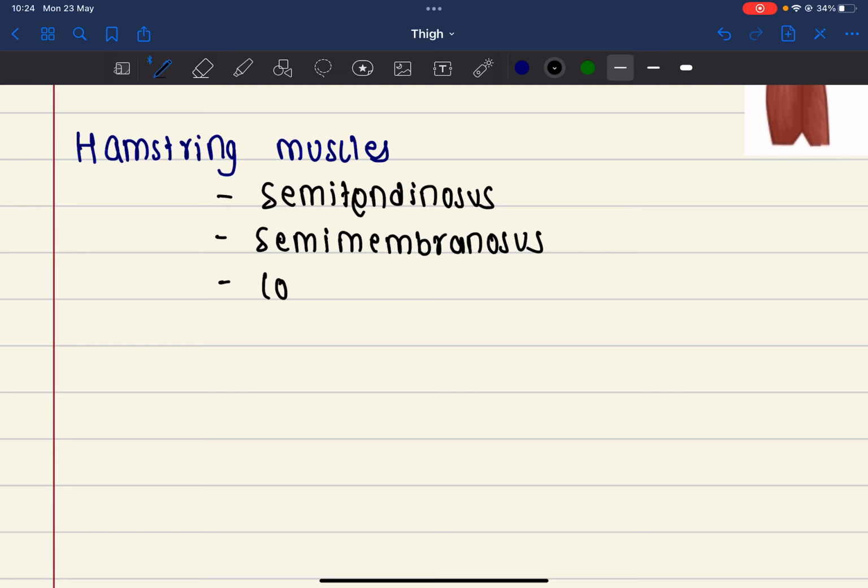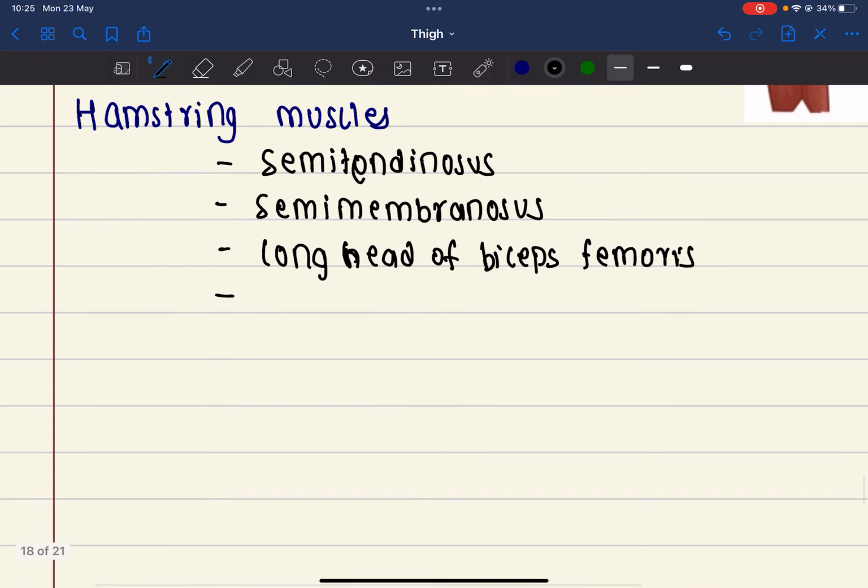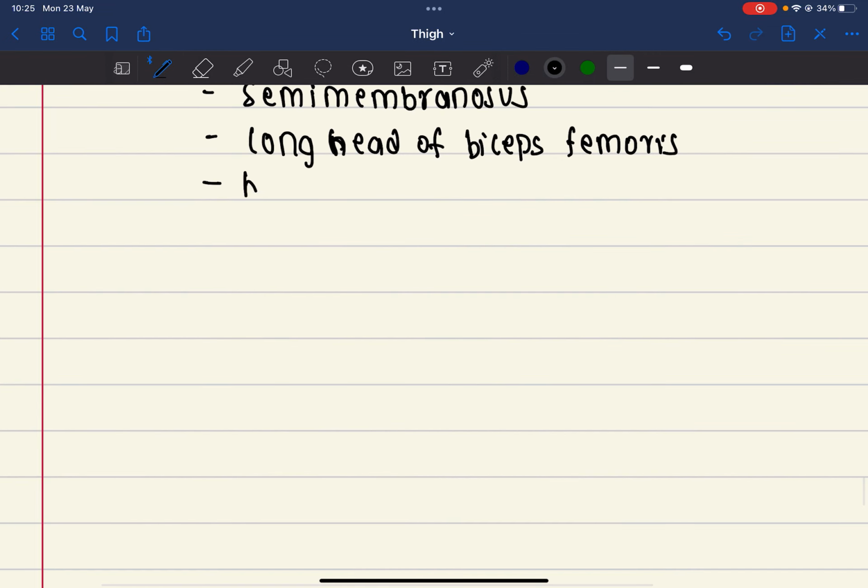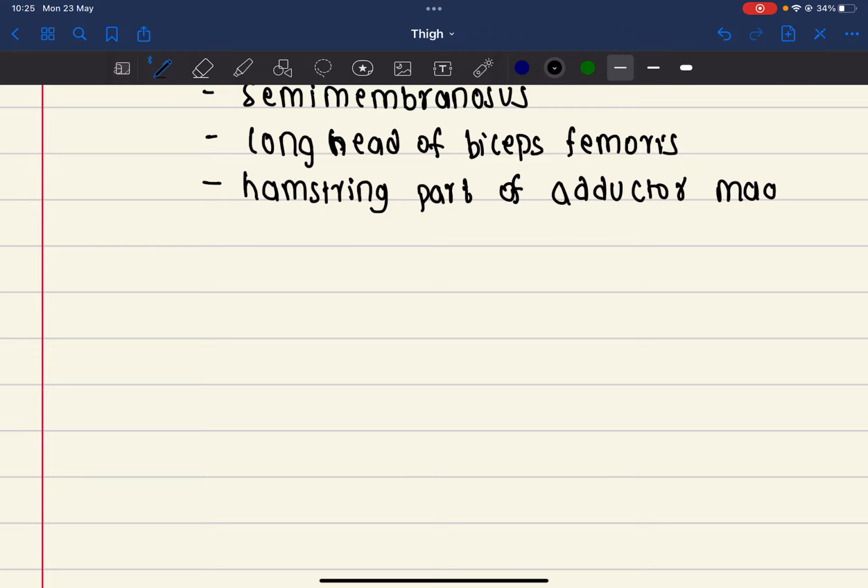त्यस्तै गरी अर्को हुन्छ long head of biceps femoris. र त्यस्तै गरी अर्को muscle छ hamstring part or ischial part of adductor magnus.